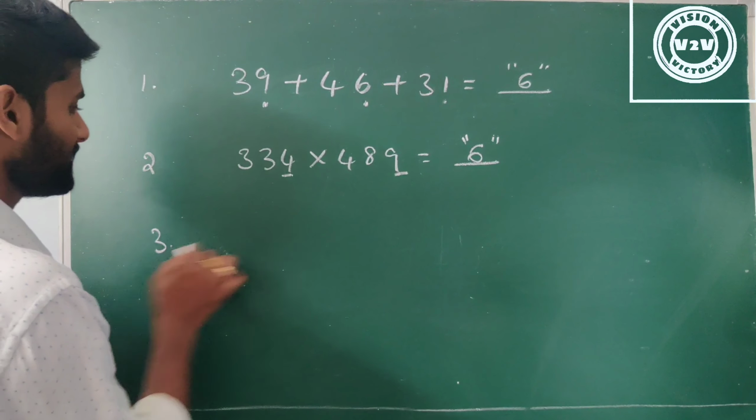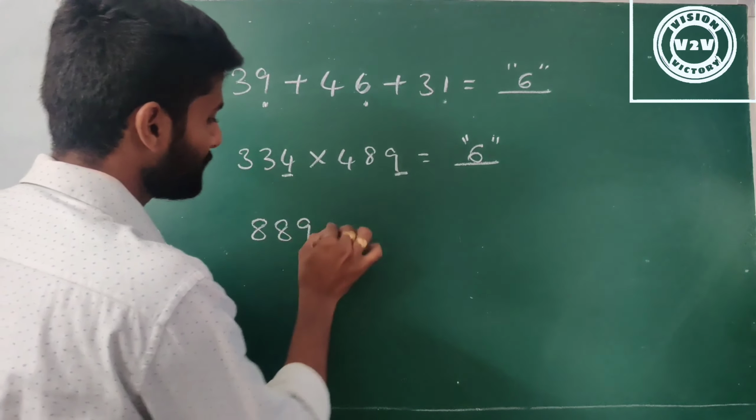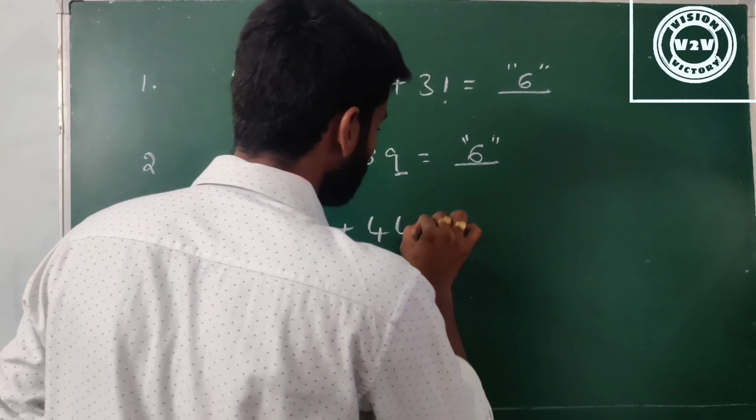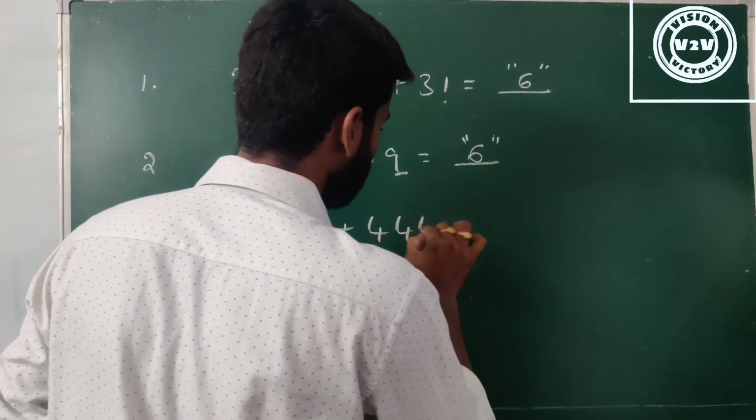For example, third one: 889 plus 444 minus 338. They have given the addition resultant, then we can subtract this number. Again, focus on these values. Here 9, here 4, the units place resultant is equal to 3. And from these 3, we can subtract 8. We already know that if we go with subtraction, we require the higher value.